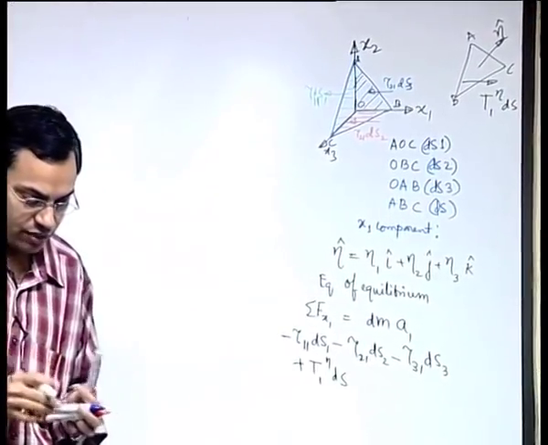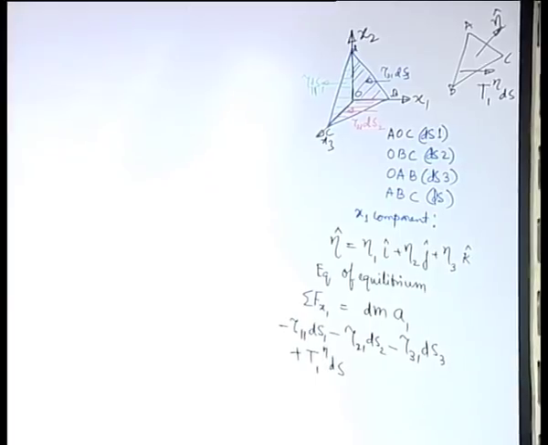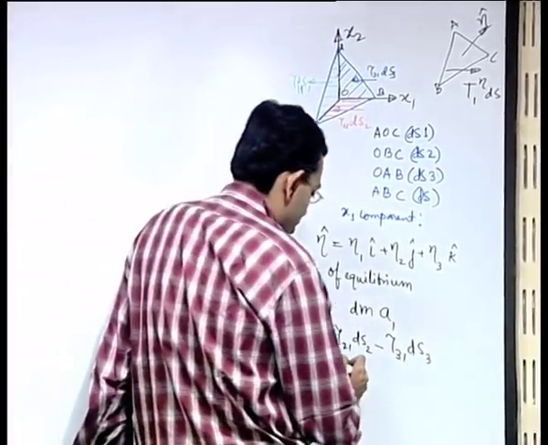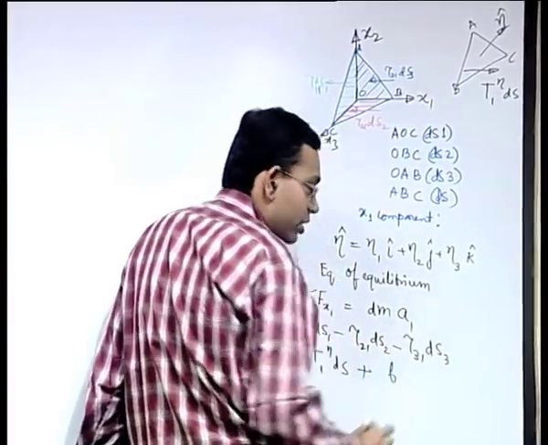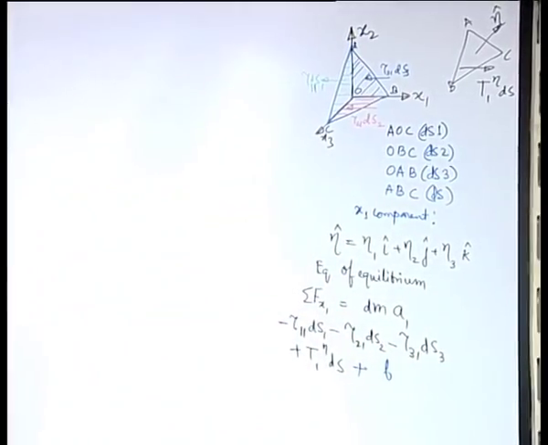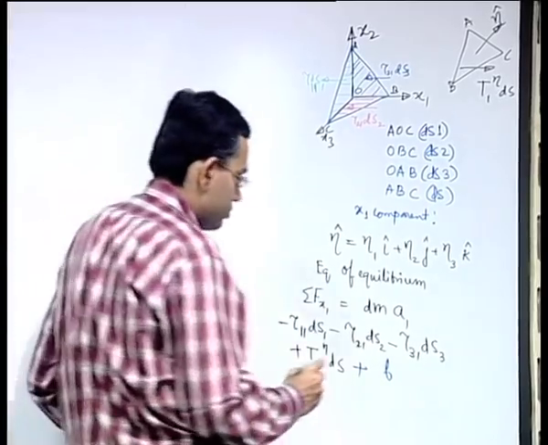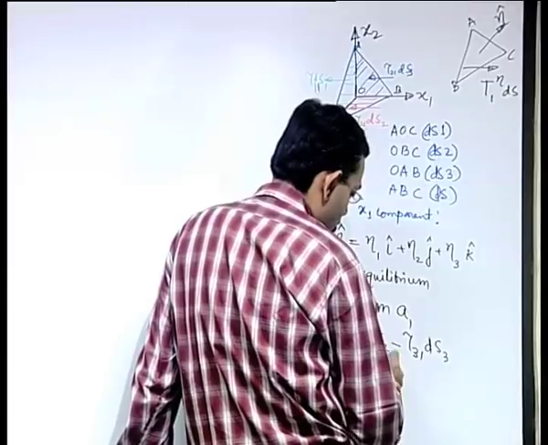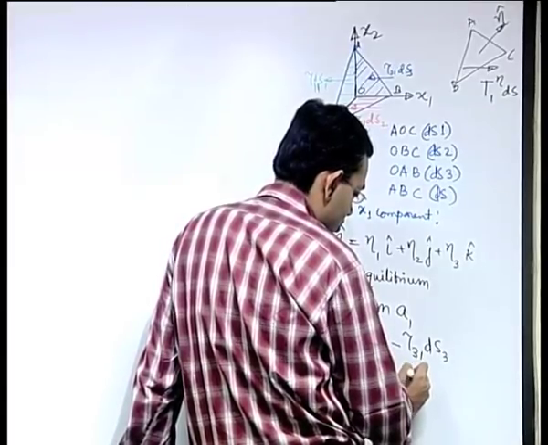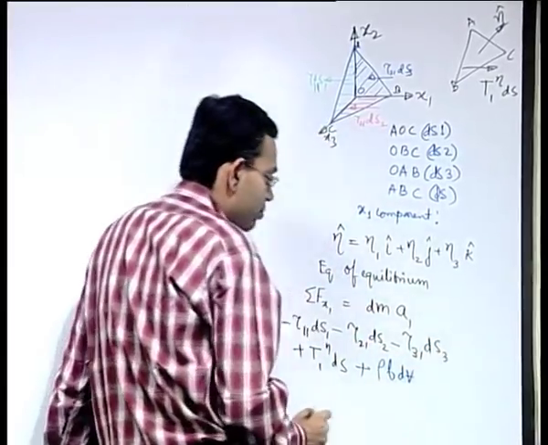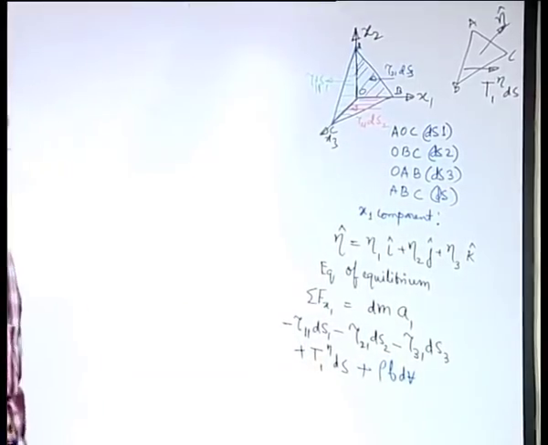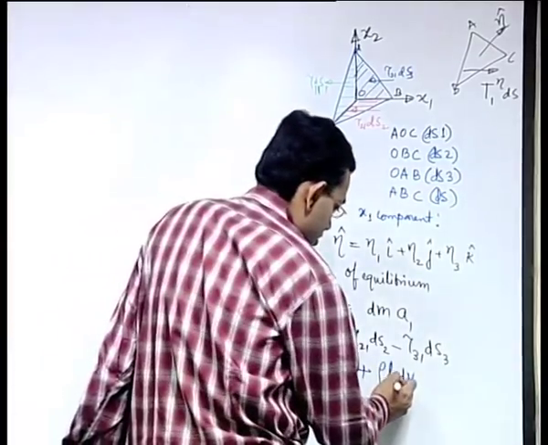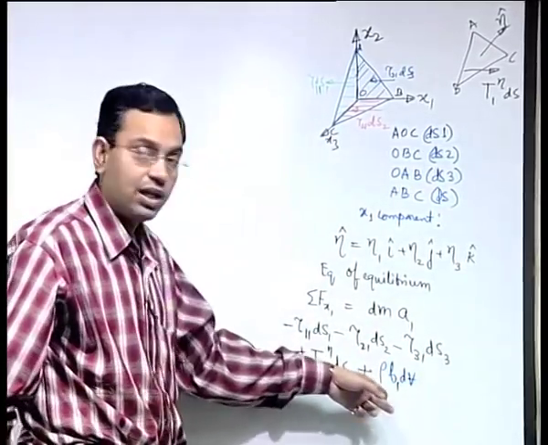Then let us write the body force. Let us say that B is the body force per unit mass. So, what is the mass of an elemental volume? Rho into dV. So, rho B dV is the body force, and we want its component along 1.